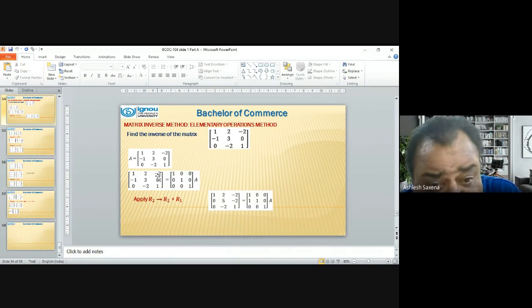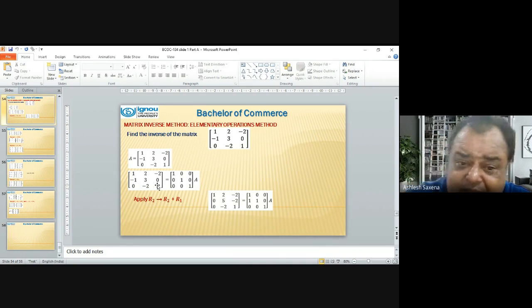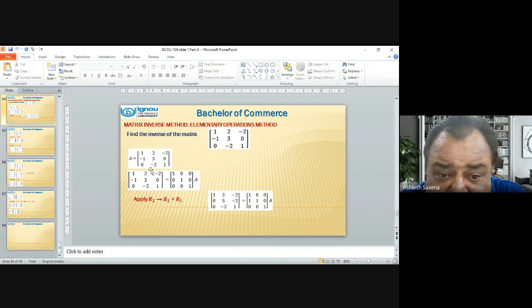Whatever transformation we will be performing over here will simultaneously be performed over here. This will be changing to something and this will be changing to an identity matrix. That means we have to keep one thing in mind. We have to convert this matrix into 1, 0, 0, 0, 1, 0, 0, 0, 1.